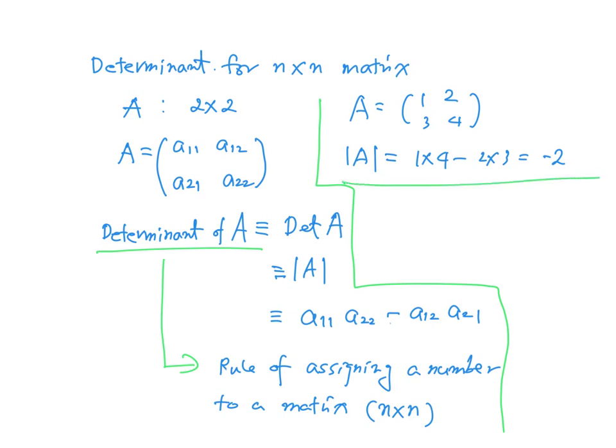Sometimes A is, this is a bit more complicated example. If A is 3 over 2, so we read this way: 3 over 2.